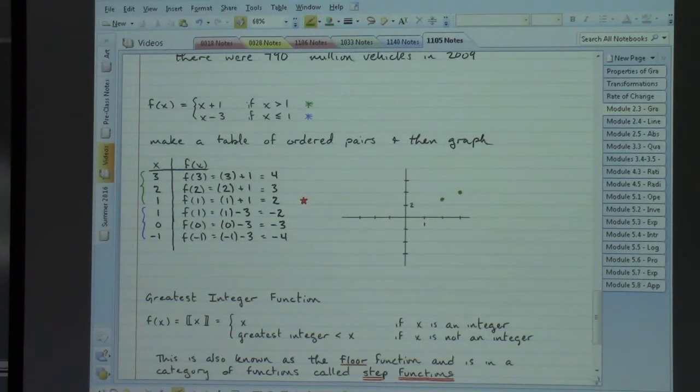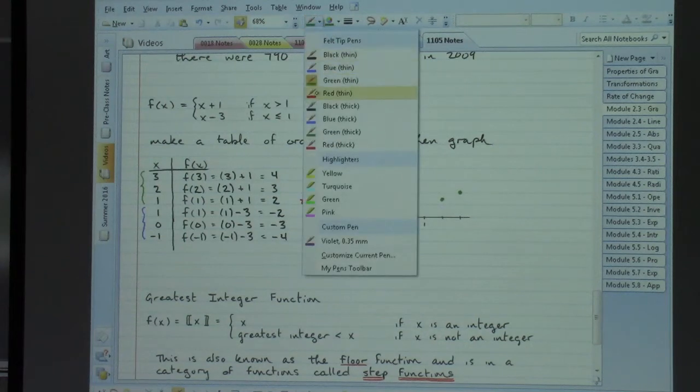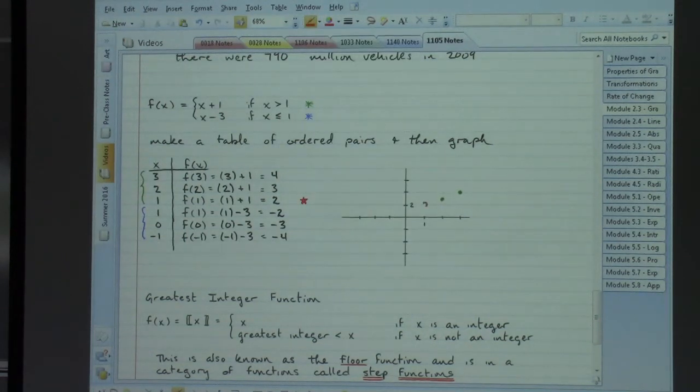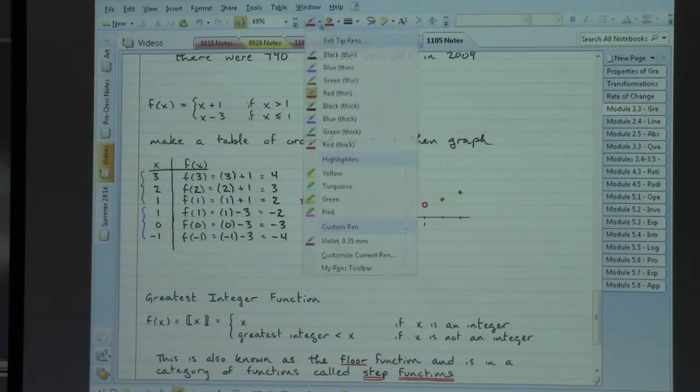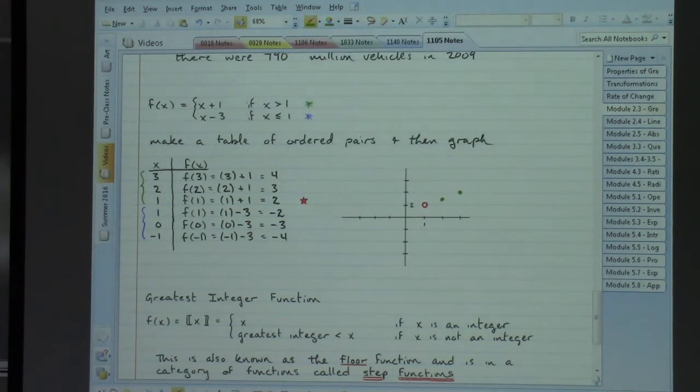And x equals 1, we're not allowed to plug it into the first function. If we're not allowed to plug something in, that means that we would have an open circle. We'll put that in red, again, because we know we're not allowed to actually plug that in. That's not going to be part of this green drawing that we will make, but we do get to go all the way up to that open circle. So if we connect those dots together, the first piece, based on the conditions that we have, gives us this.